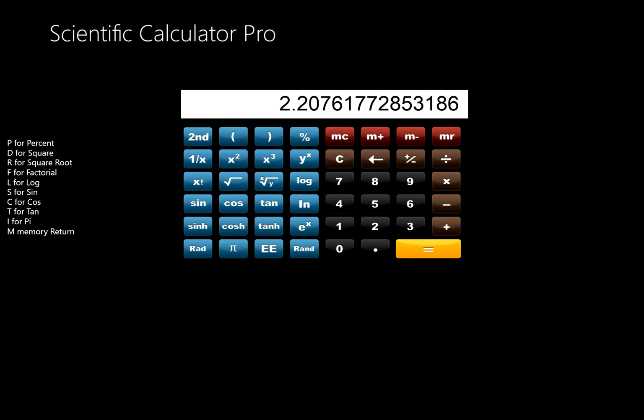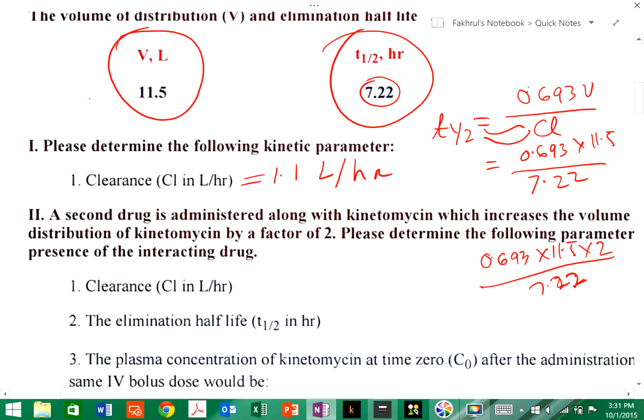So this calculation is saying you have a clearance of 2.2 liters per hour.